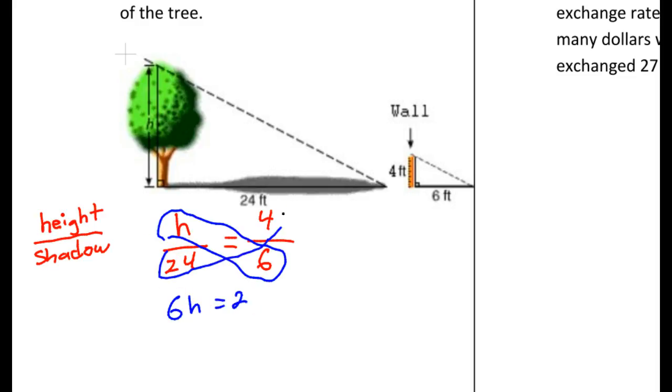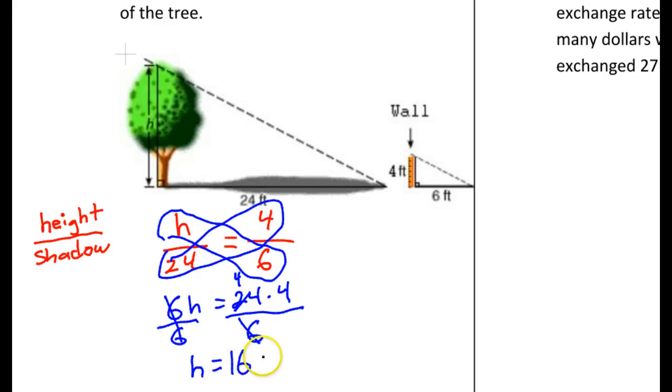And again, I don't automatically multiply those together, because then I'm going to end up dividing, and I can see that 6 goes into 24. So 6 goes into 24 4 times. 4 times 4 is 16. 6 divided by 6 is 1, so we have 16. So the height is 16.